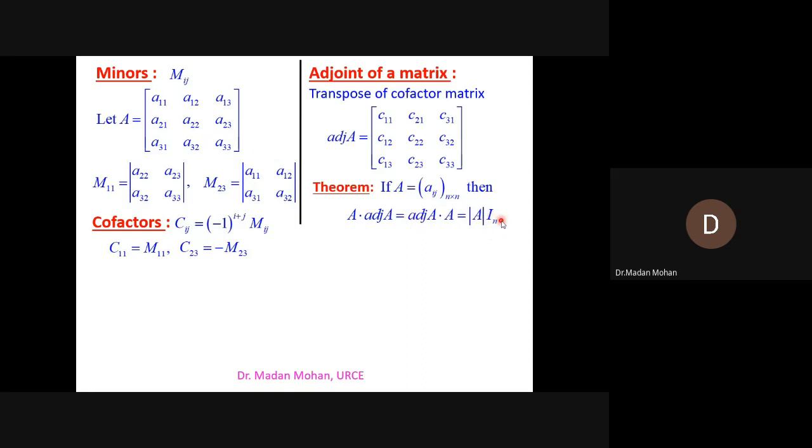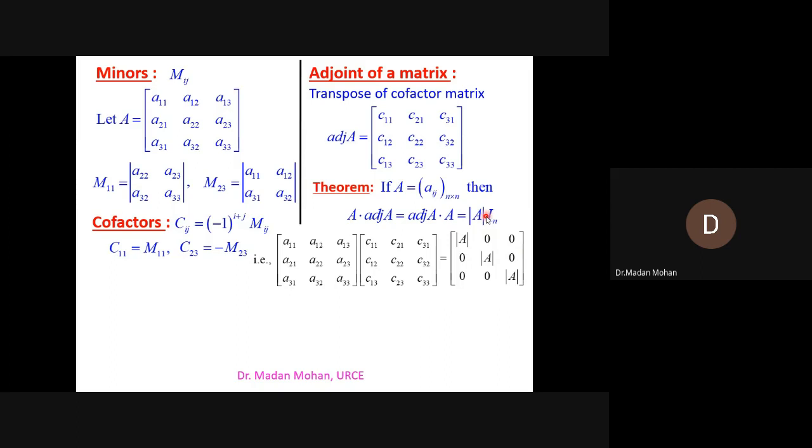into the unit matrix, scalar multiplication. Let me show for your clarity in third order. A is this one. Adjoint A is this matrix, where these C's are obtained from A. This result A into adjoint A is the same as adjoint A into A. The result is det A into I3.